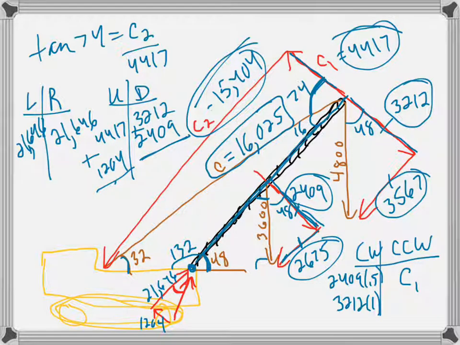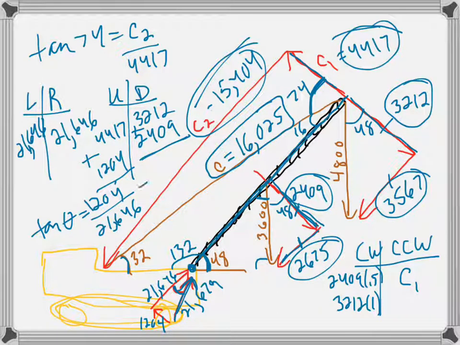Okay. Now I can do the Pythagorean Theorem down here, and I get a force here of 21,679 newtons. There's the force on the boom. If I want to find this angle, the tangent of the angle would equal 1204 over 21,646, and that angle ended up being about 3.2 degrees.